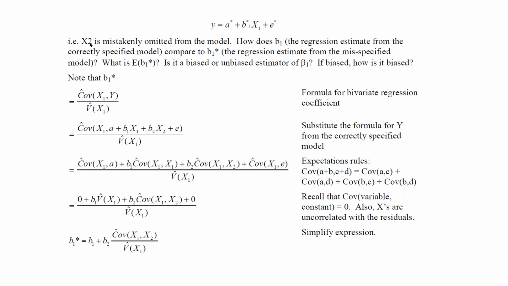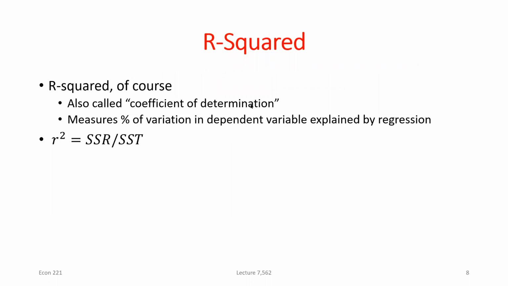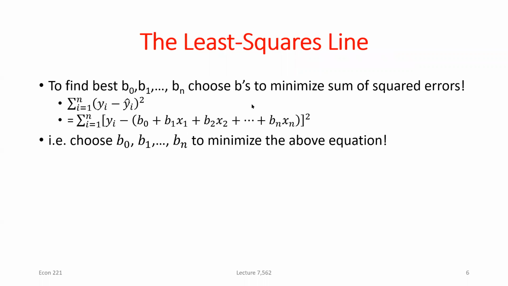If there's another variable x2 that's important for predicting y, but I leave it out of the regression, through a bunch of fancy math, you can prove that the estimate that I see, this B hat, I just stole this from a textbook that was a little more technical, will capture the true relationship between x1 and y, but also this additional bias component. I'll talk a little bit more about this in a second, but for now, all we have to know is that this bias is going to exist if I don't include x2 in my regression. Okay? So go back up and talk about a few more things, but we'll return to that eventually.